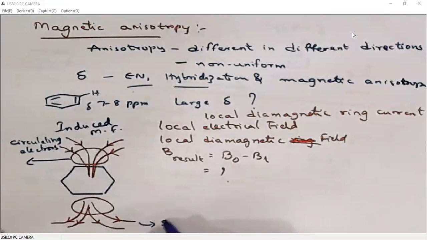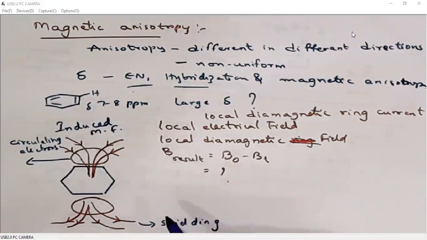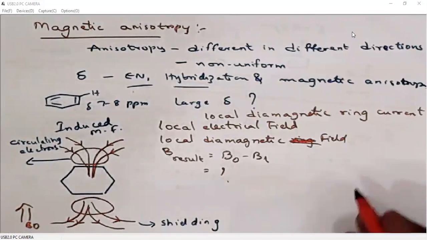The local magnetic field shields the protons present in this area from the applied magnetic field, so that the resultant will decrease. Say for example, if I apply a B naught like this, this magnetic field will be aligned opposite to this. I'll draw one more diagram.